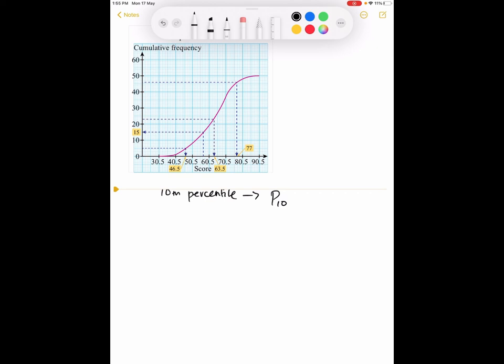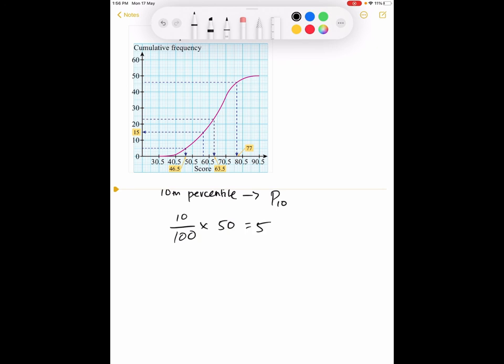The calculation is almost similar to the quartile, in that it involves the cumulative frequency. Since it is a percentile, it is based on percentage. So the 10th percentile is 10 over 100 multiplied by the cumulative frequency, which is 50, and we get the value of 5.